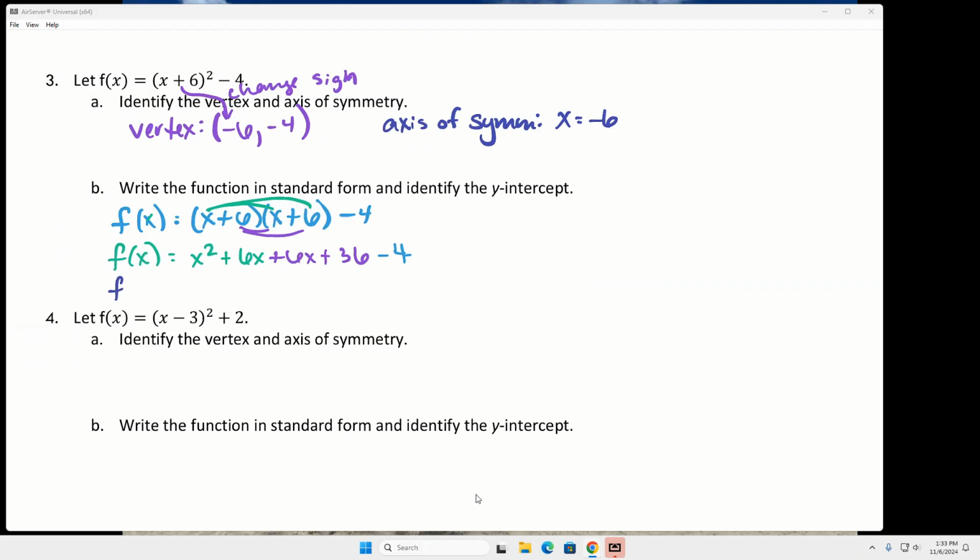All right, and then for our final answer in standard form, we would combine all of our like terms. So that is the standard form. It's going to require some algebra, multiplying it all out.